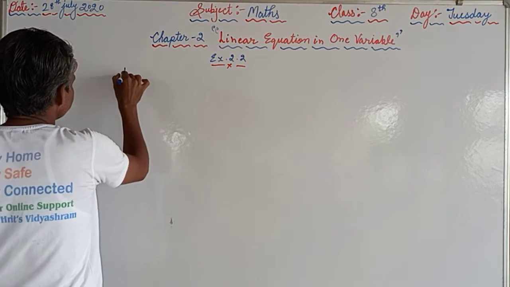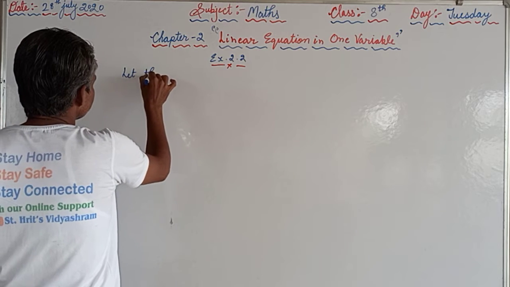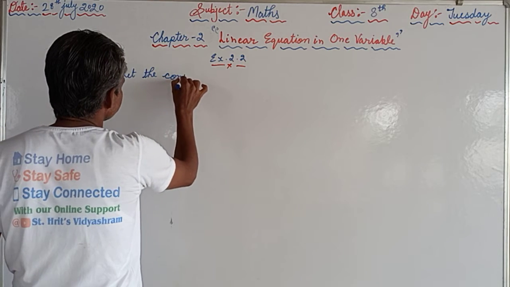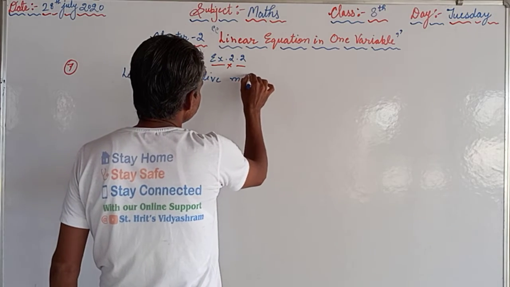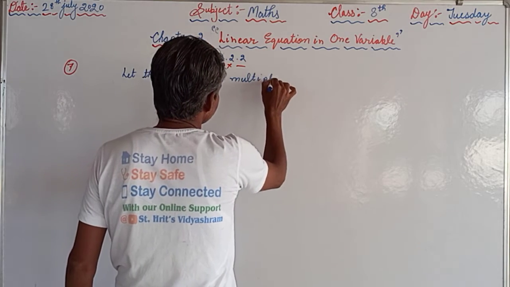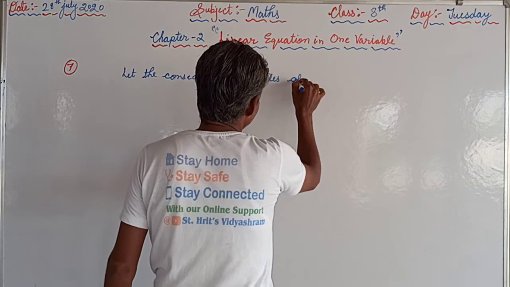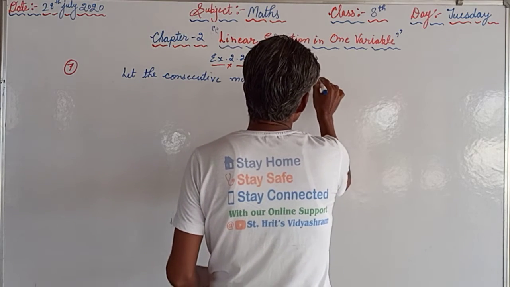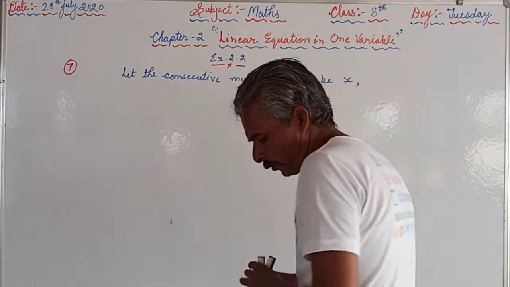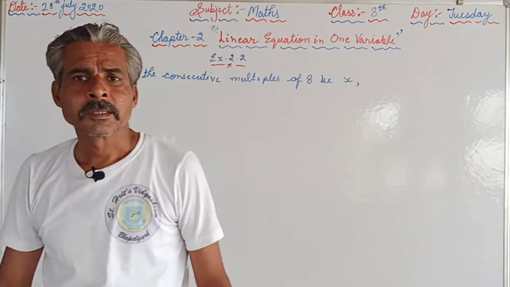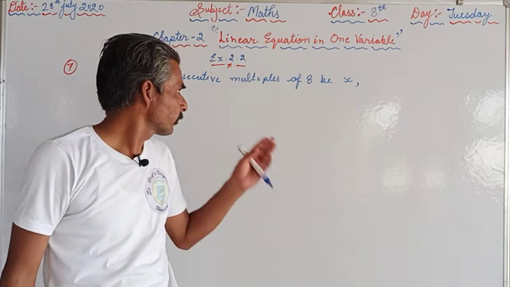Let the consecutive multiples of 8 be x. Now we have assumed the first multiple of 8, that is x.